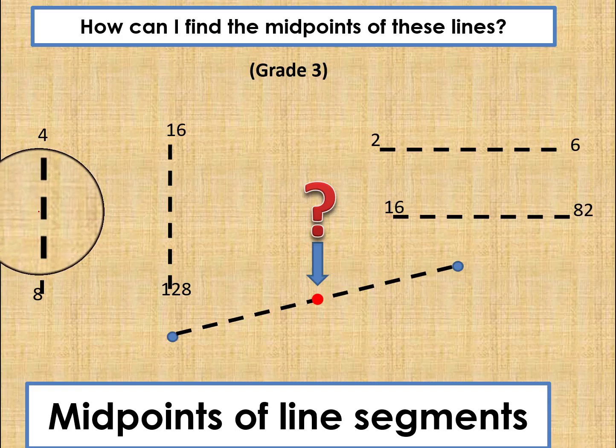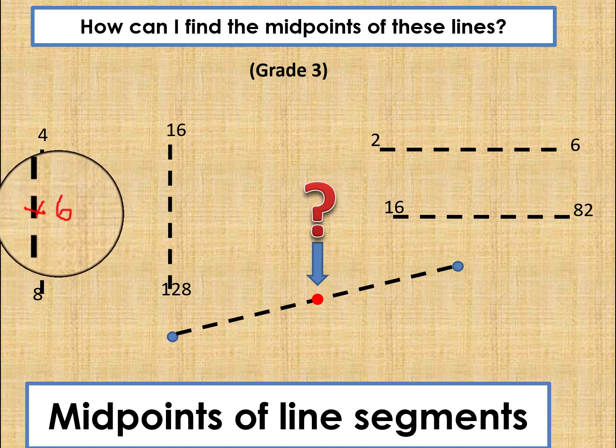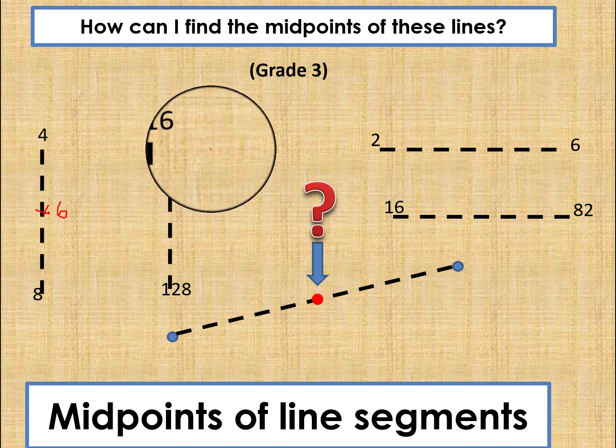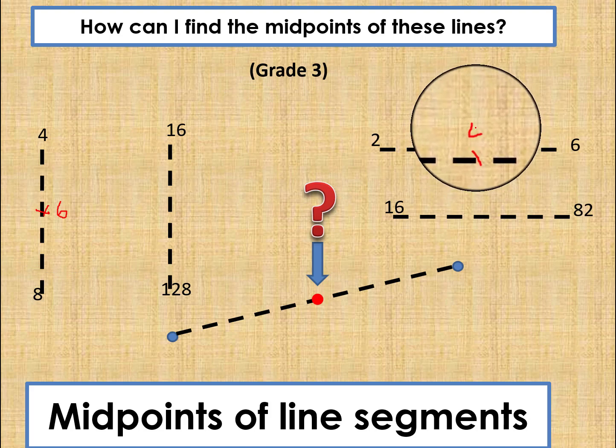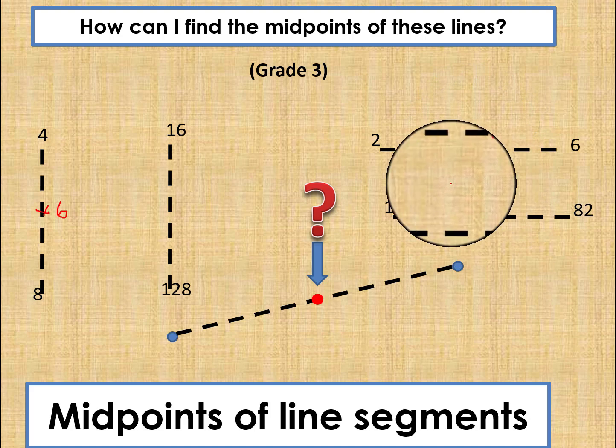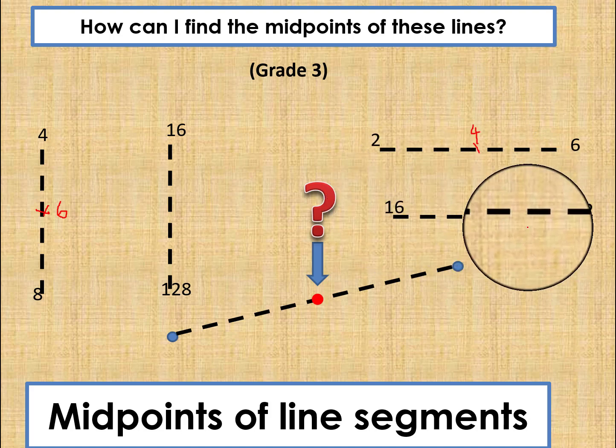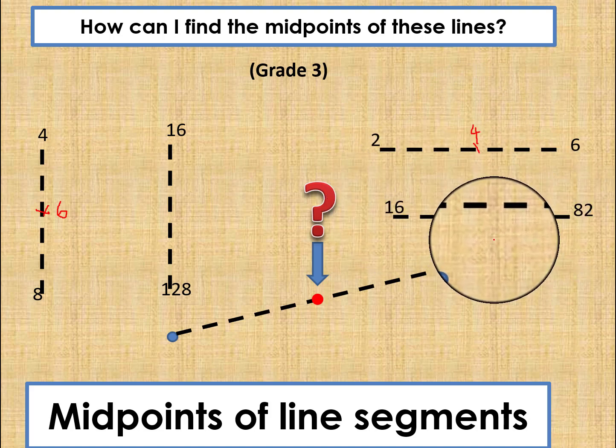Yes, you know that will be 6, because you can see that visually, that midpoint would be 6. And this one would be 4. Now this is a bit more difficult, isn't it? It's 16 and 82. That's quite hard to do instantaneously.